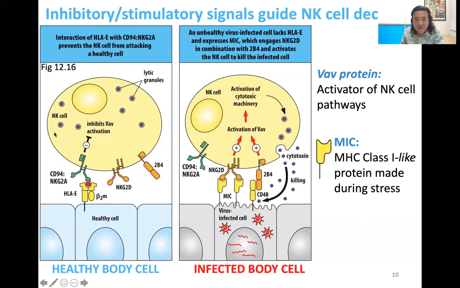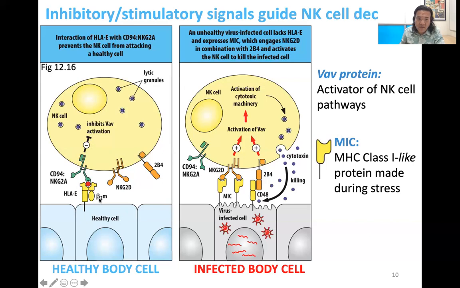So remember, the whole surface of this NK cell would be covered with these green inhibitory receptors. So depending upon how much HLA-E is on the surface of this healthy cell, that would actually determine how many of these green receptors that detect the HLA-E would actually send inhibitory signals into the nucleus.